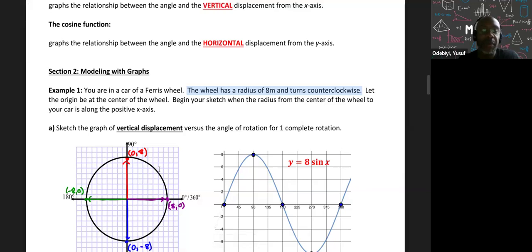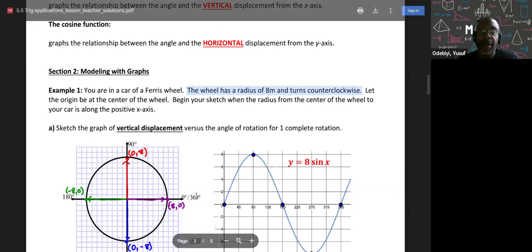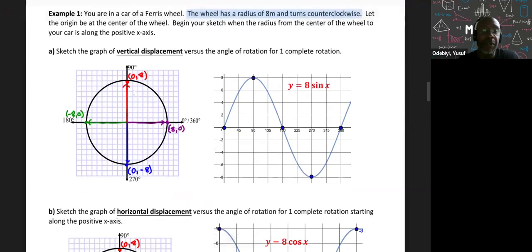So my graph would look pretty simple. The only difference between this and the unit circle, the parent function, is that my radius is 8 times bigger.